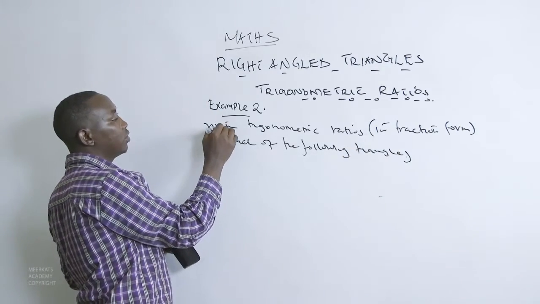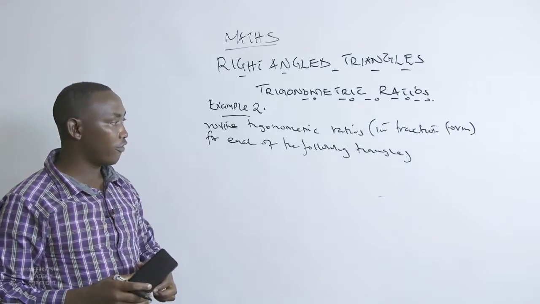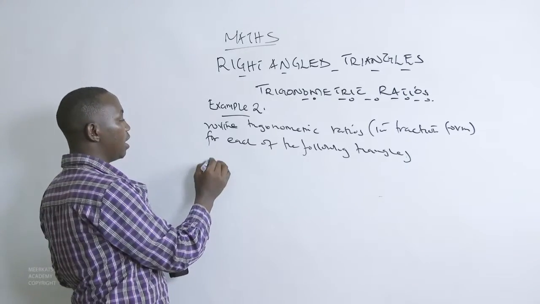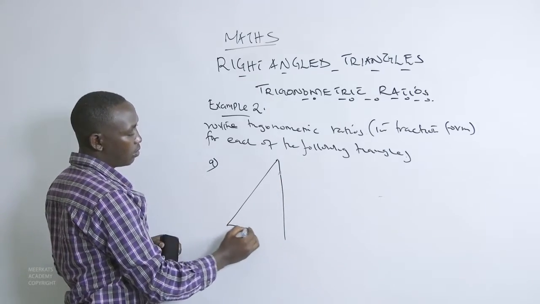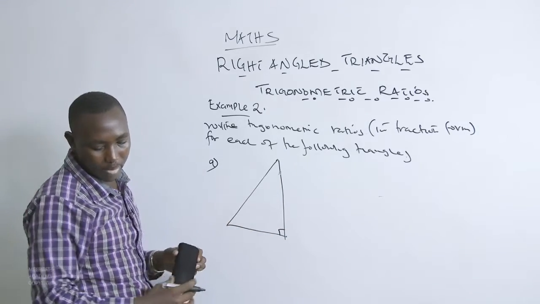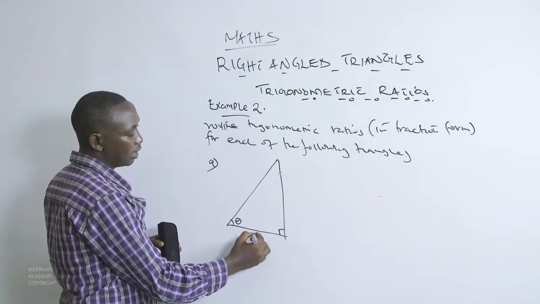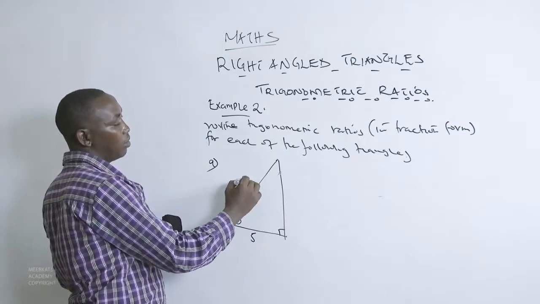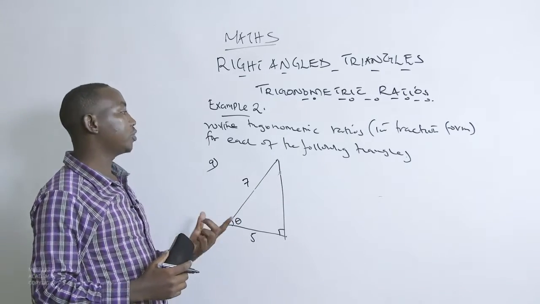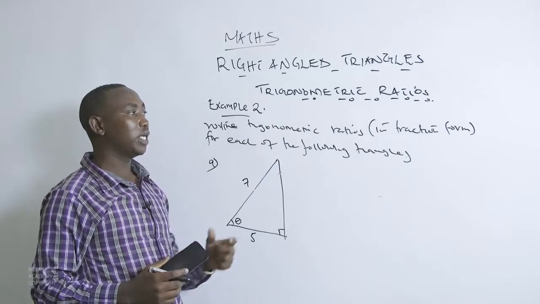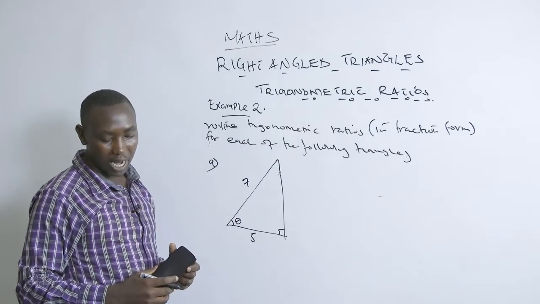So we are supposed to write the trigonometric ratios in fraction form of each of the following triangles. Triangle number 1, we have a right angle triangle. This is the angle theta. The base is 5 units. The hypotenuse is 7 units. We are supposed to write the 3 trigonometric ratios in fraction form for this particular triangle.